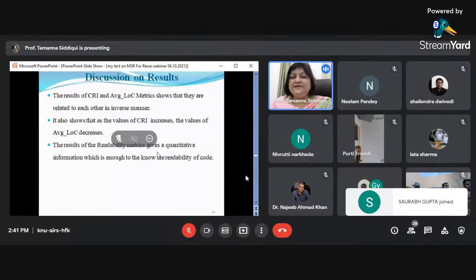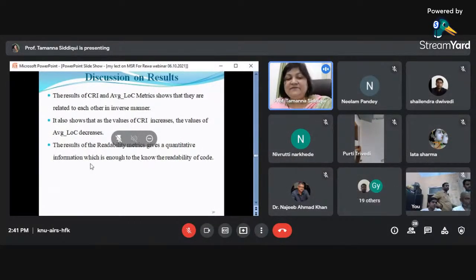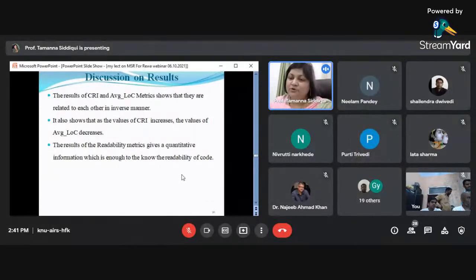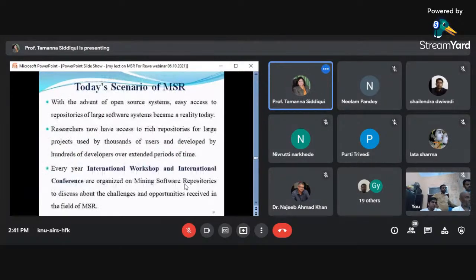The result of the readability metrics gives quantitative information which is enough to know the readability of code. Through these two metrics, you will be able to know whether a particular code base is readable or not. If it is readable, then the maintenance effort will be less. If it is less readable, then maintenance of the code will be difficult.